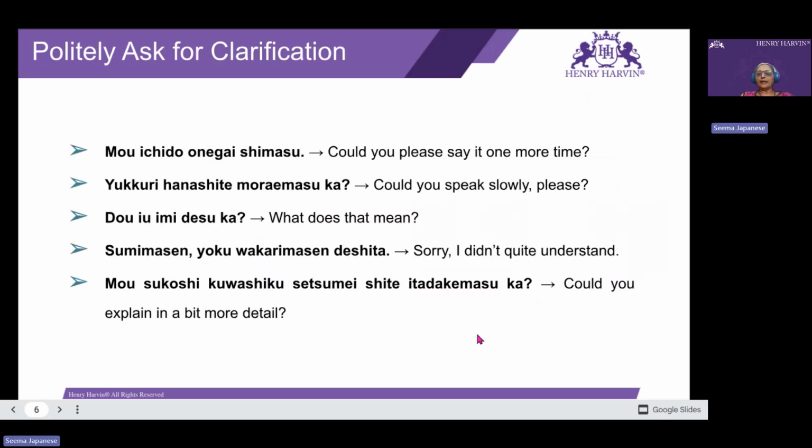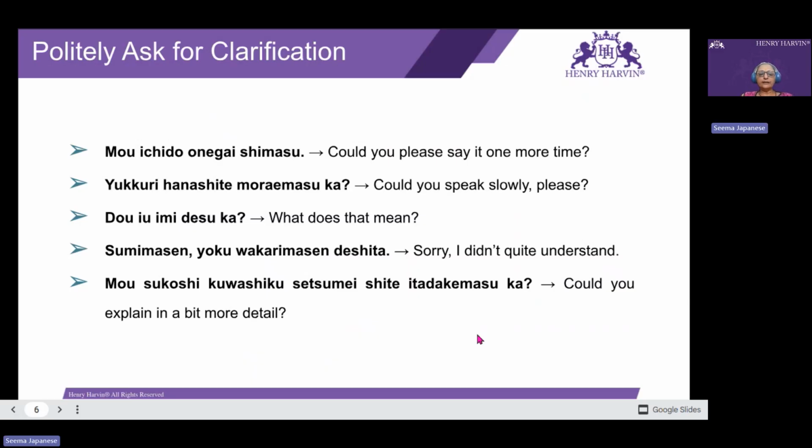Politely ask for clarification. When you need to ask for clarification: Mo ichido onegai shimasu. Could you please say it one more time? Yukkuri hanashite moraemasu ka? Could you speak slowly, please? Do iu imi desu ka?